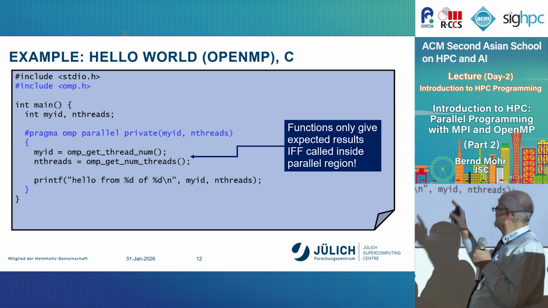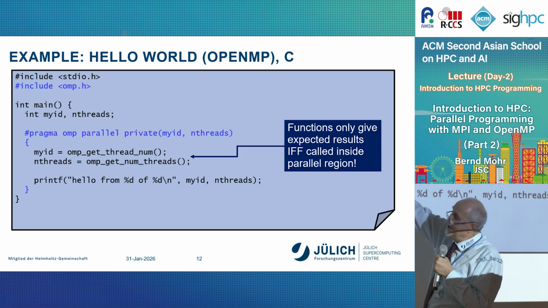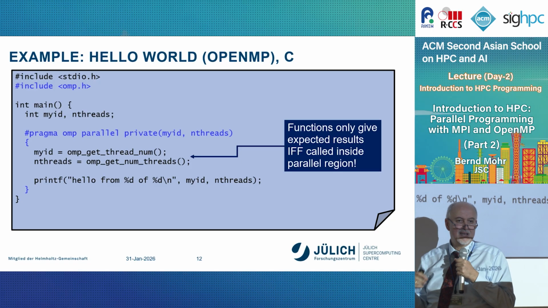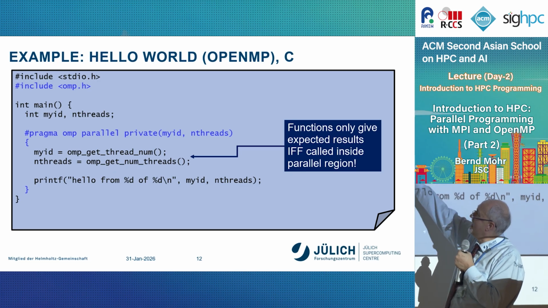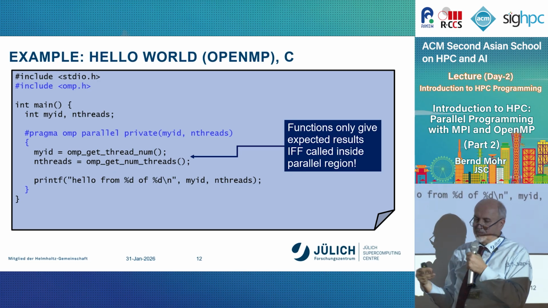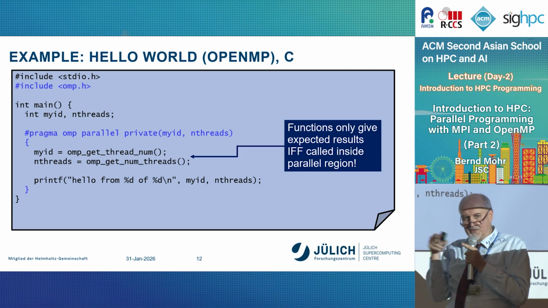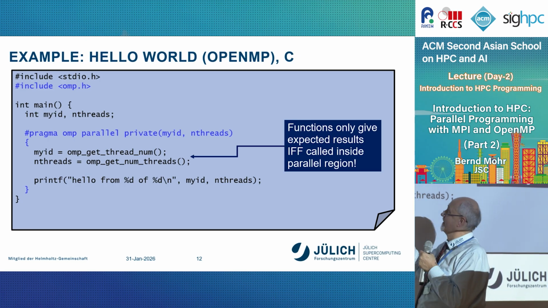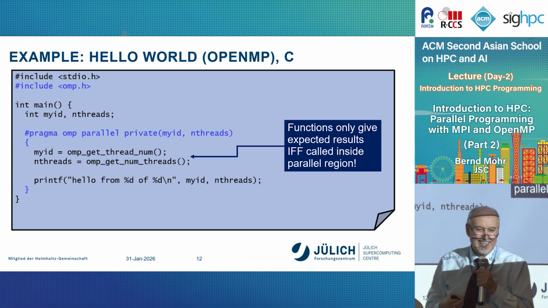You have to set private the variables that you write into in that region. If you're just reading, everyone is reading from the same one, but you just look in your parallel region at which variables you're writing into, which means typically every thread needs to have its own value, and when you make these private, you just add them here. And if you forget them, you get some wrong number.